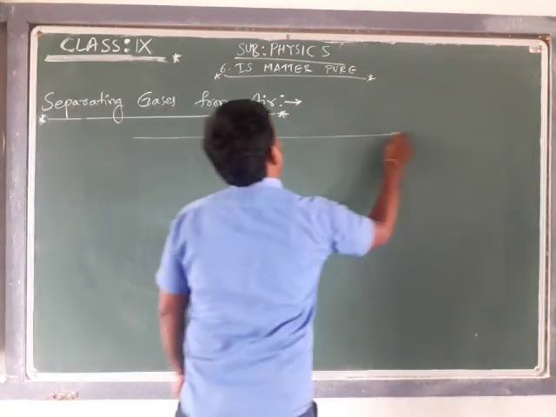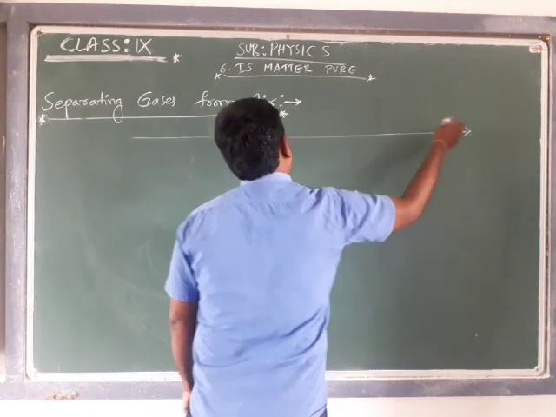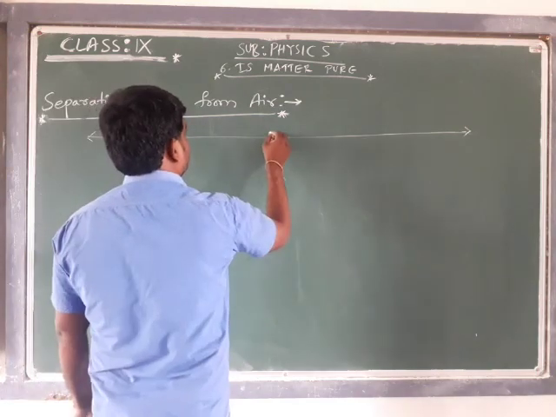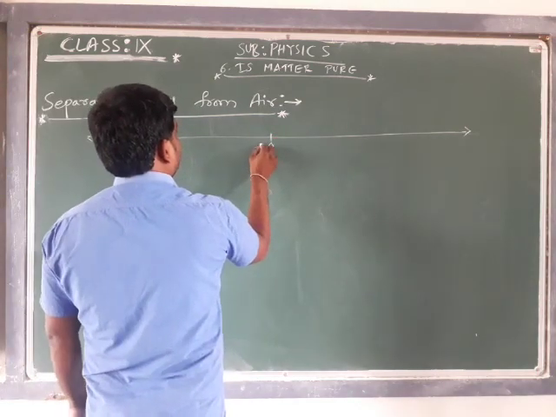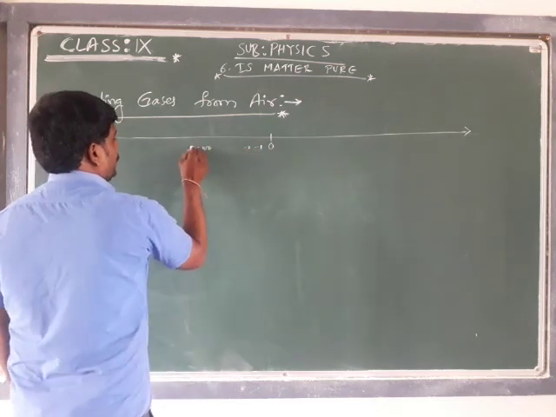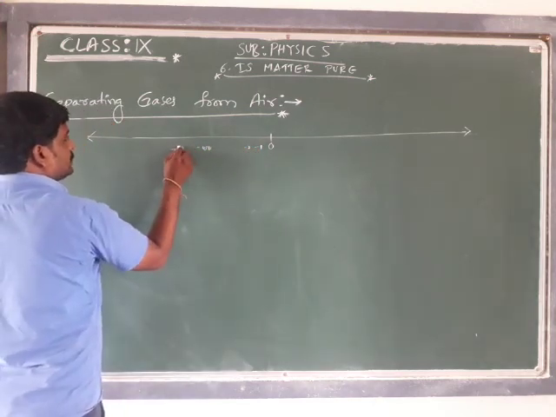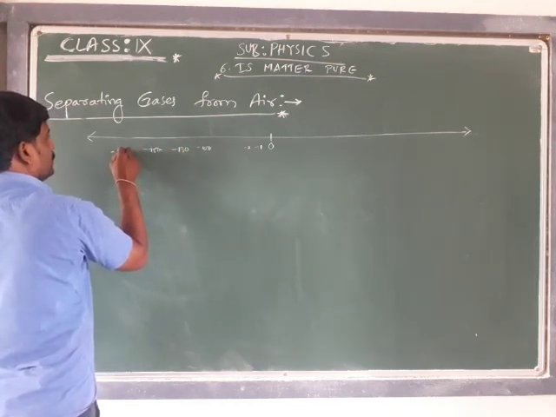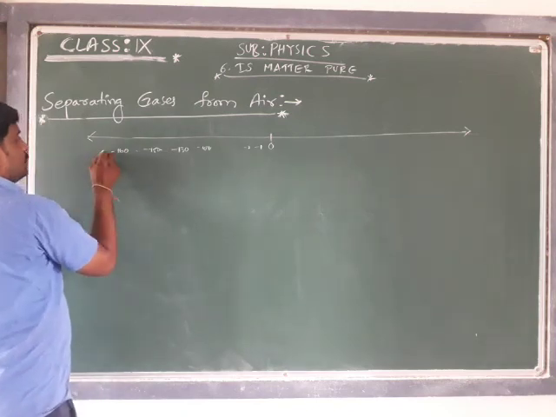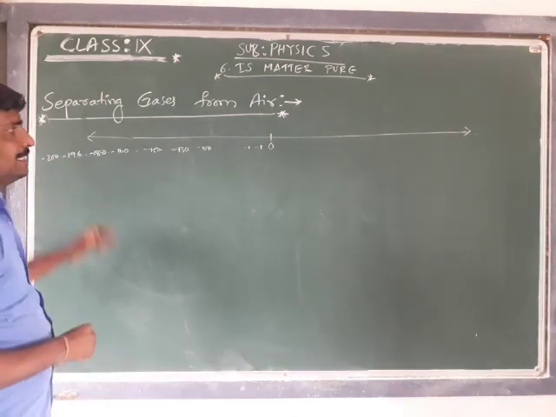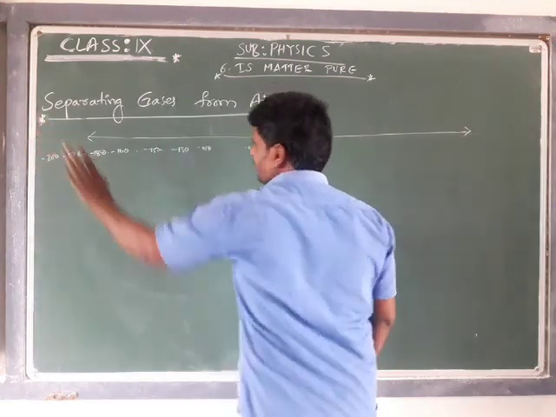Suppose I take a number line like this. I have 0 here, then -1, -2, and so on, minus 100, minus 130, minus 150, minus 160, minus 180, minus 196, and minus 200, for example.